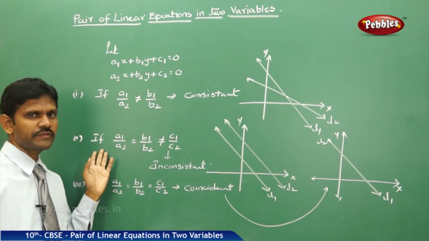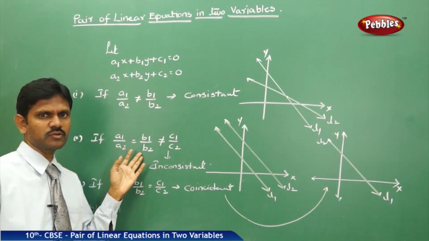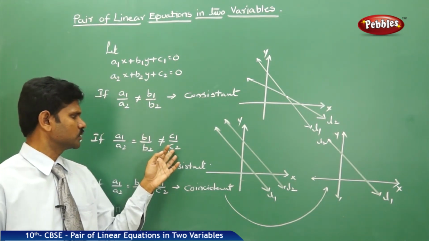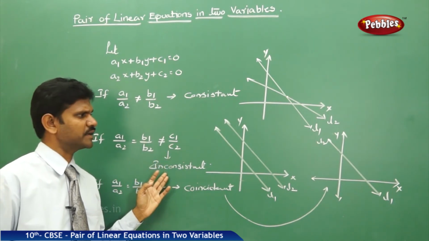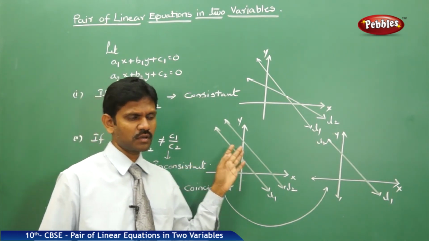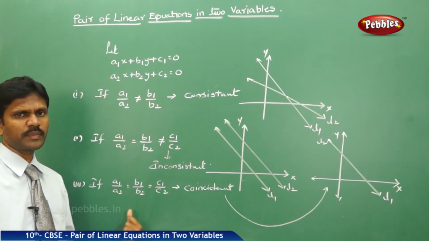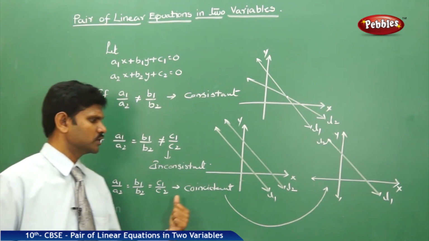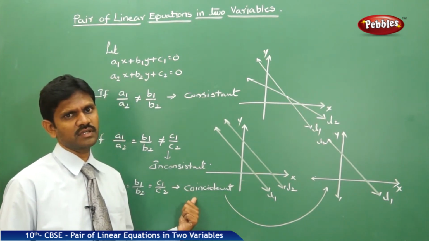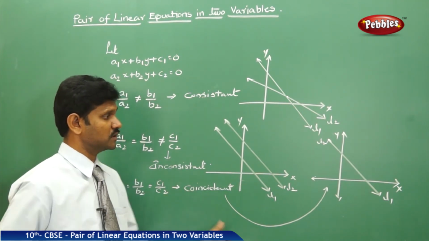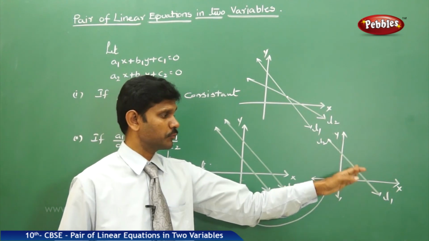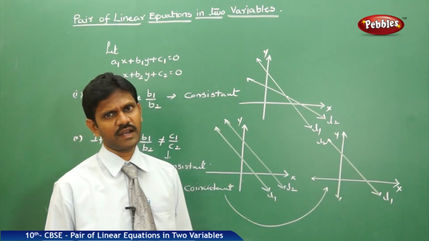Condition 2, if a1 by a2 is equal to b1 by b2 is not equal to c1 by c2: the nature of the lines is inconsistent and the lines are parallel to each other. Condition 3, if a1 by a2 is equal to b1 by b2 is equal to c1 by c2: the lines coincide with each other. For this one also you have infinitely many solutions. Therefore, it is also called consistent lines.